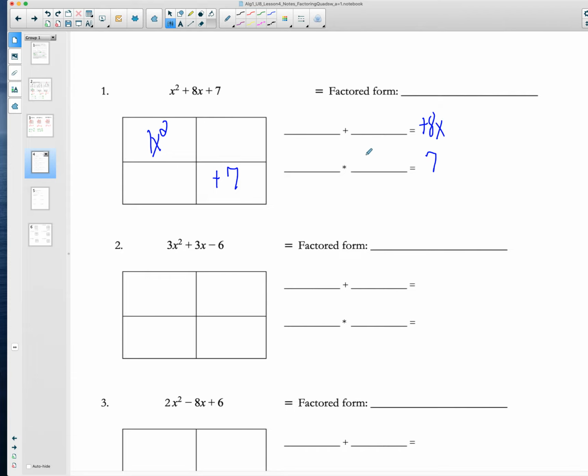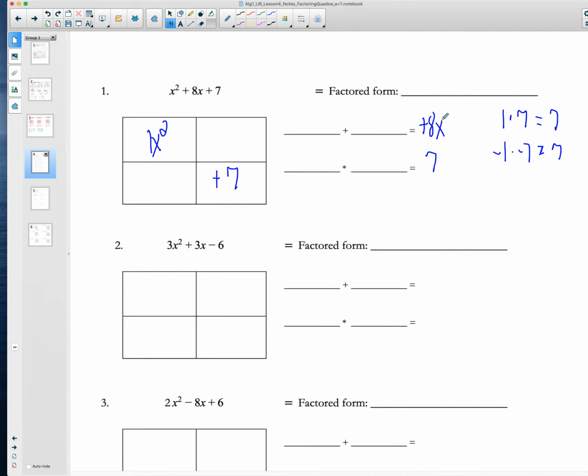So now what we want to do is look at the factors of 7. What numbers can we multiply together to get 7 but add to be positive 8? Well, 7 only has one set of factors. It's 1 times 7, which would give us a positive 7. Or, and we have to think about this, there's two ways to get a positive number, negative 1 times negative 7, which is also positive 7.